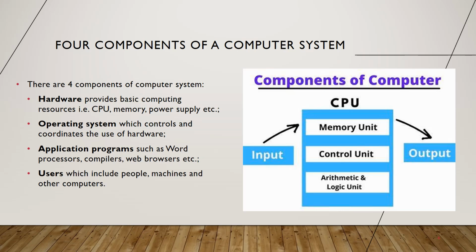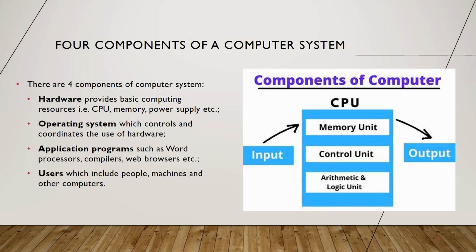There are many components of a computer system, but if we just categorize the main components, that includes hardware, as we mentioned earlier, the monitor, the keyboard, the mouse, the processor, the speakers, or any other additional devices that can be useful for us. And then we shouldn't forget the power supply.